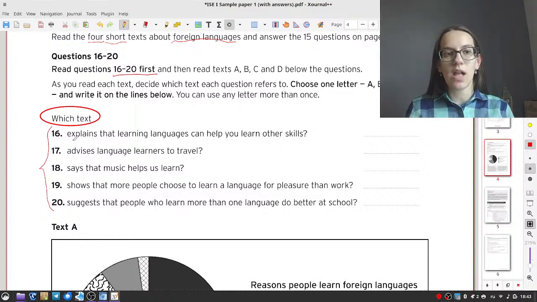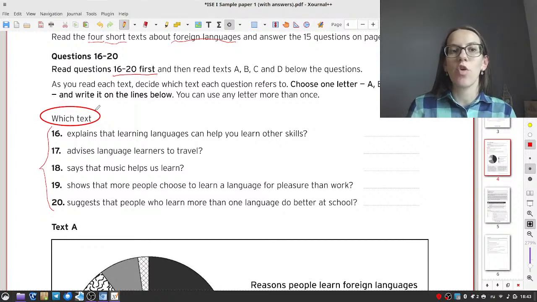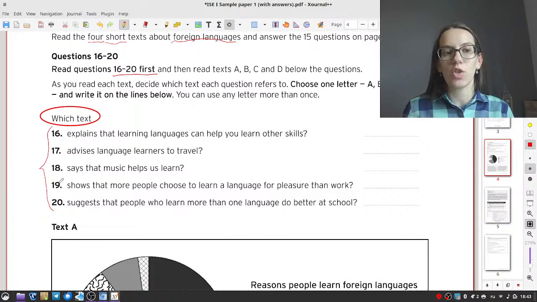So the task itself already gives us some clues, some hints about the answers. It says which text, not which texts. There's no S. So it means one text for each question. Now, it's not always like this.